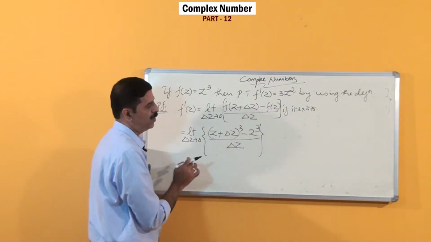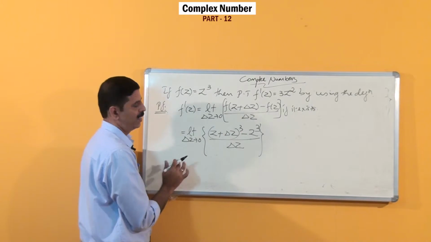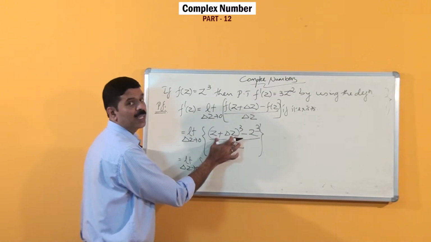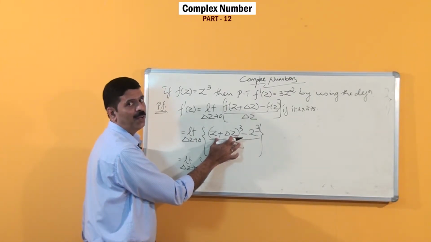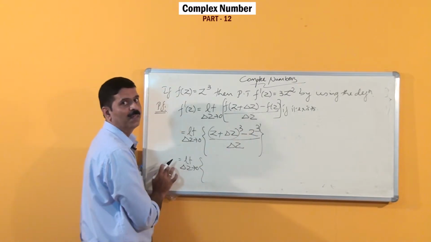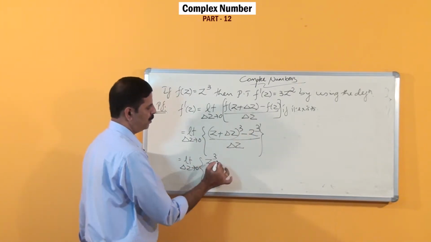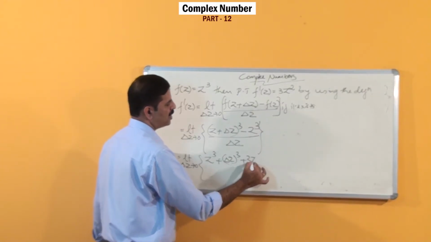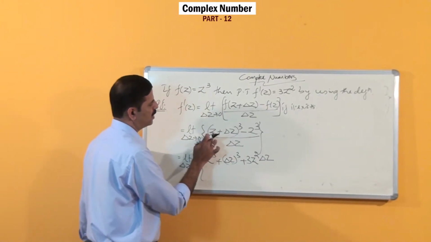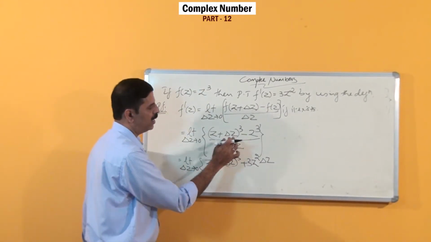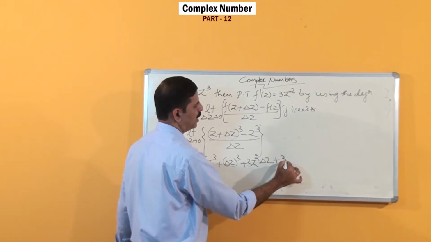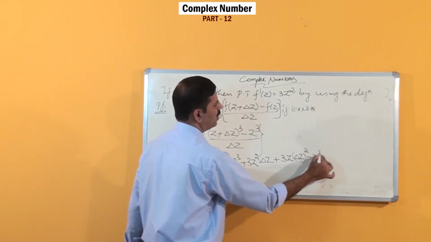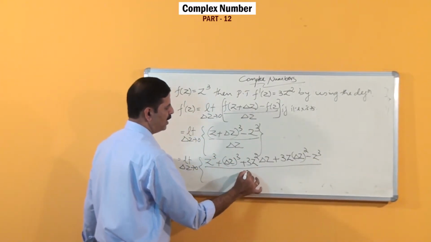If it exists, that means you have to find the limit of this, which is equal to the limit as delta z tends to 0. You expand this by using your elementary formula (a plus b) whole cube, that is a cube plus b cube plus 3a square b plus 3ab square, with z as a and delta z as b, minus z cube, divided by delta z.